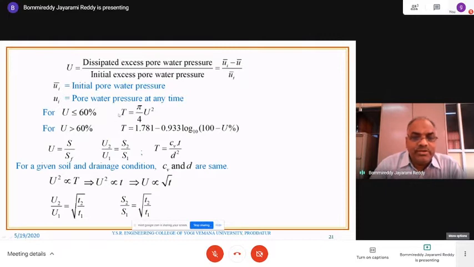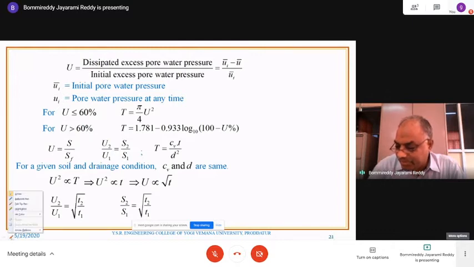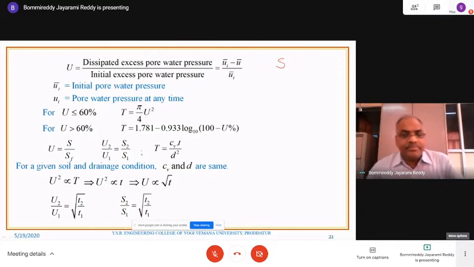Here, as I already told you, T is called the time factor, and U is called the degree of consolidation. You just remember the degree of consolidation means: S means settlement, and Sf means final settlement.